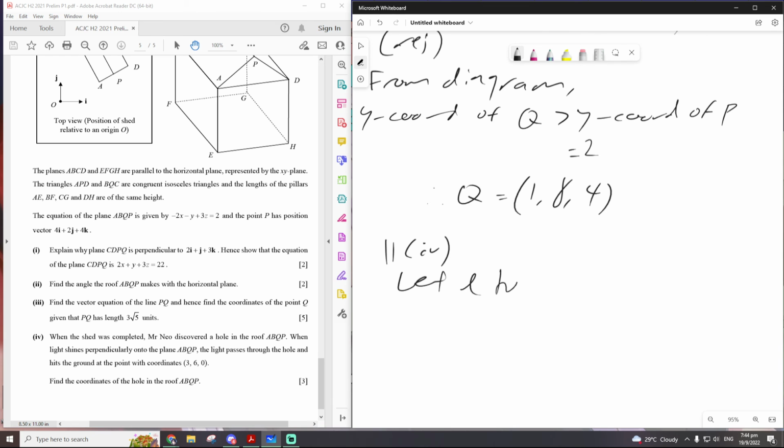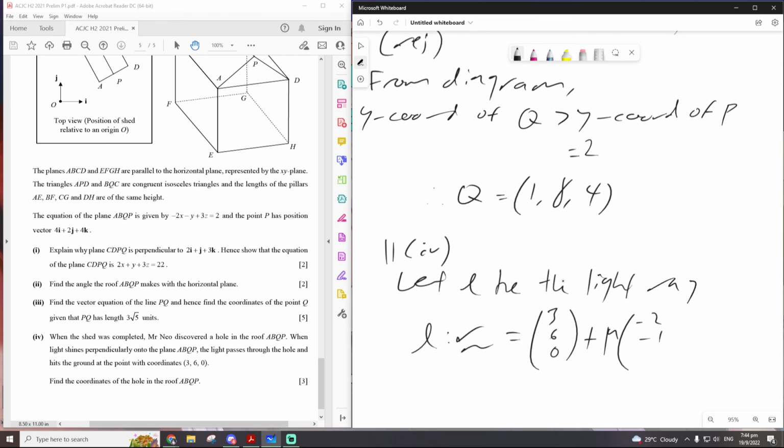Let L be the light ray. L will be r equals, we pick the fixed point, (3, 6, 0) is the point we're given, plus mu, and the direction vector we already know is (-2, -1, 3). Mu is a real number. Okay.